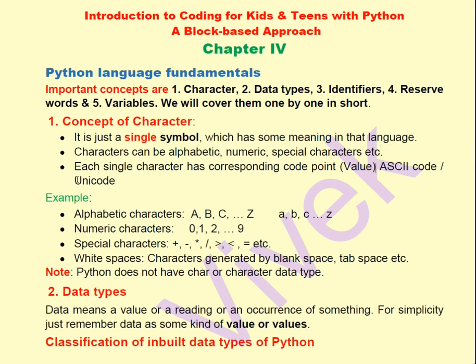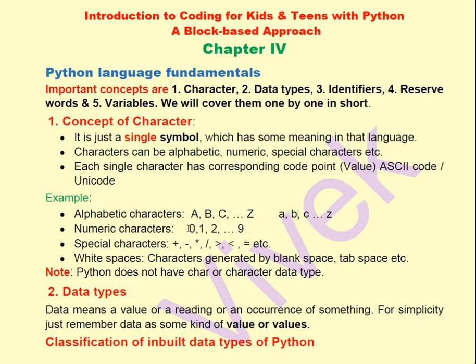The ASCII code and Unicode for the English capital alphabetic character A is 65. For capital B, the Unicode or ASCII code is 66. For C it is 67 and so on. For small a, the Unicode and ASCII code is 97. For small b it is 98 and so on.